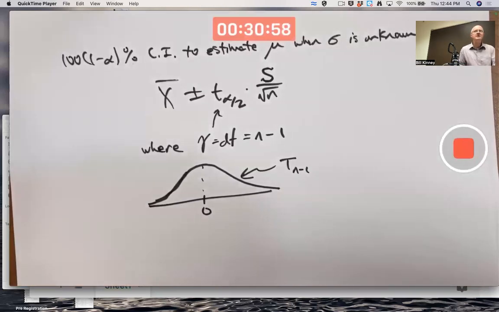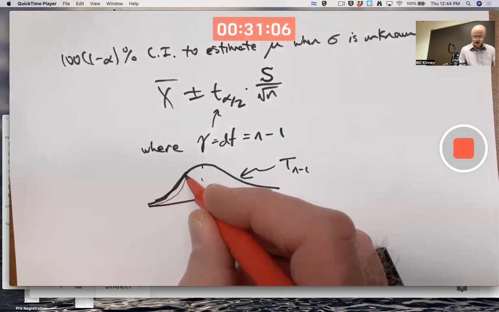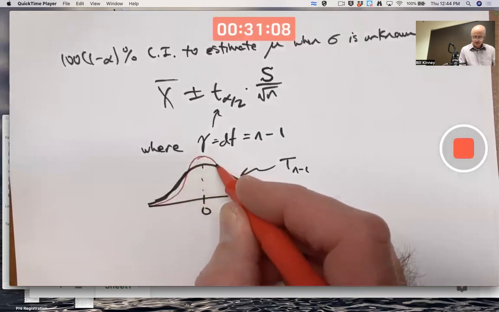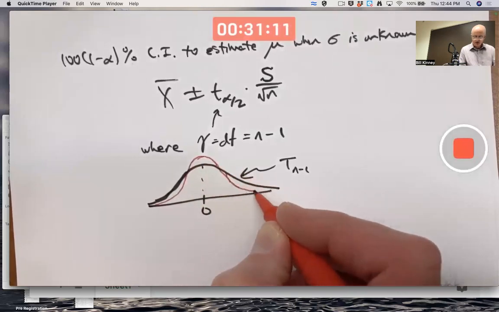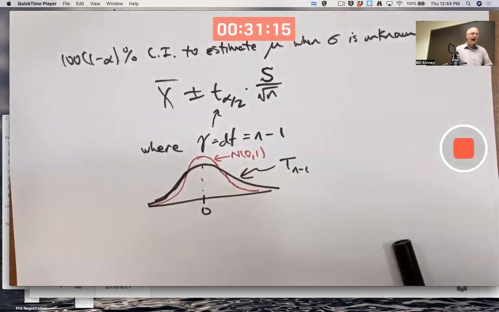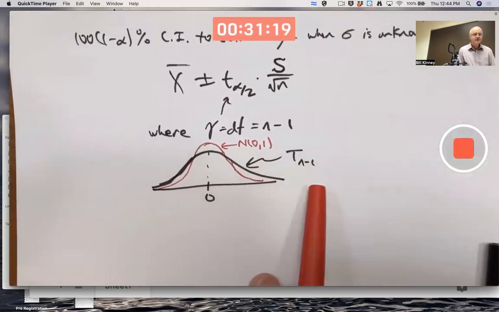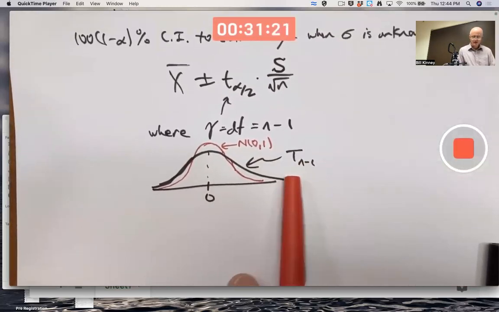If you graphed the standard normal distribution on the same scale, it would be a little taller and less spread out. This would be maybe a standard normal distribution in the same picture here. However, as n gets larger, the black and the red curves get closer and closer together.